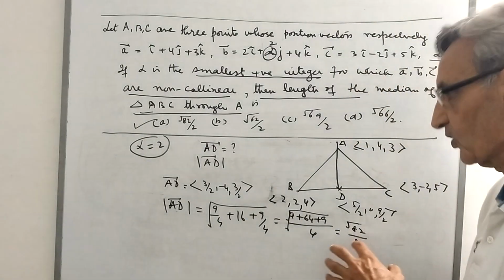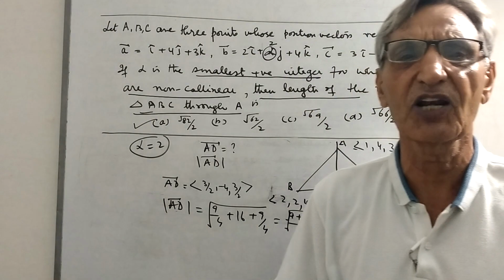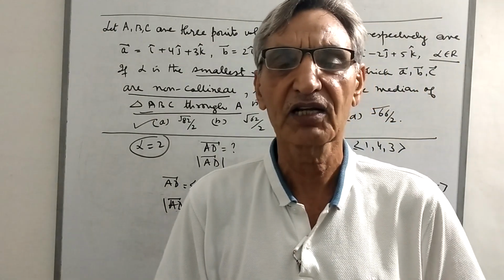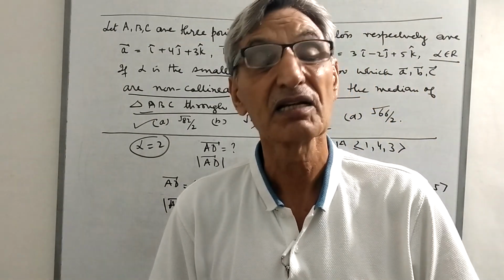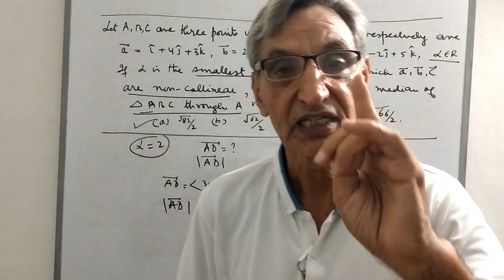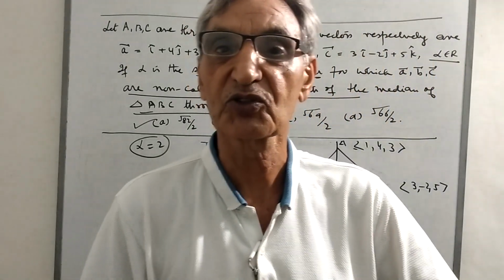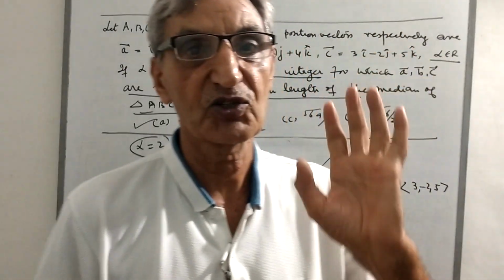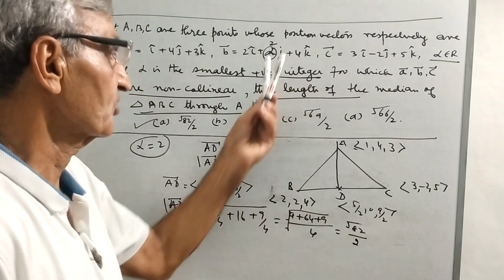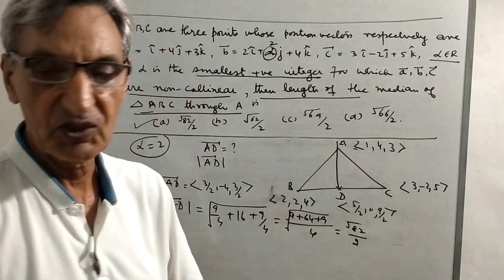Whatever the value of alpha, other than 1, will make them non-collinear. But he says alpha must be a positive integer and should be minimum, so alpha is equal to 2. Well friends, when alpha is equal to 2, I find the midpoint of B and C, and the question comes.